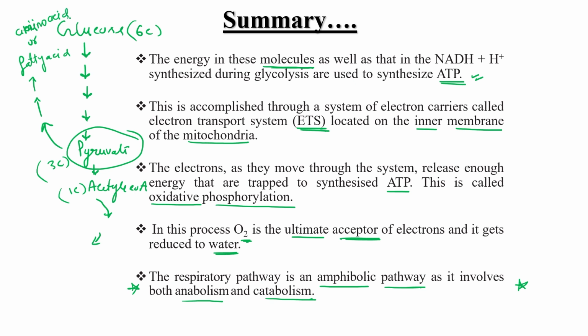That's why we can say this respiratory pathway can be a catabolic pathway, or any of its intermediate products can enter into another biosynthetic pathway, where it can be utilized for the synthesis of fatty acids or amino acids or other components. That's why it is written over here: the respiratory pathway is an amphibolic pathway, as it involves both anabolism and catabolism. That's why the term amphibolic has been used.